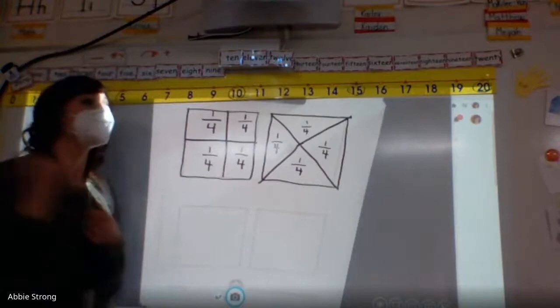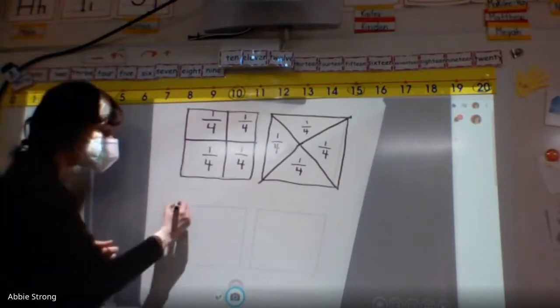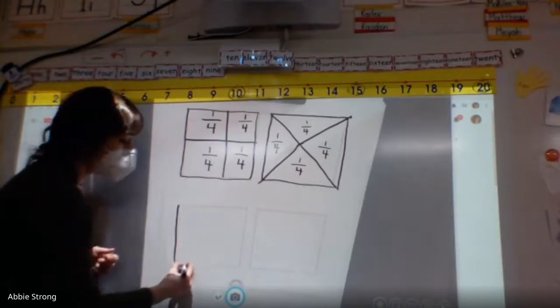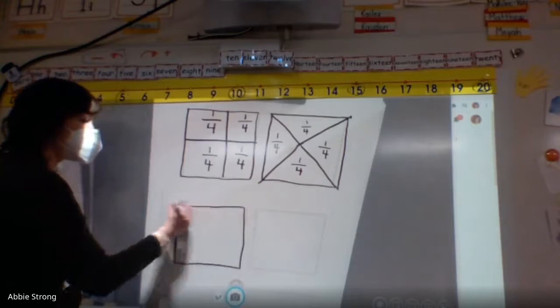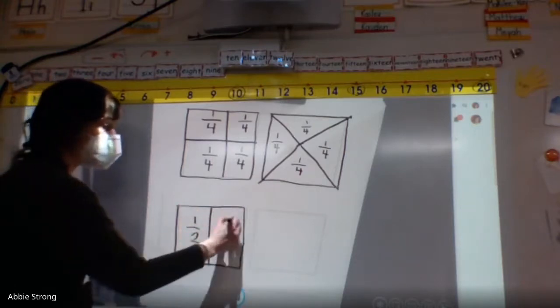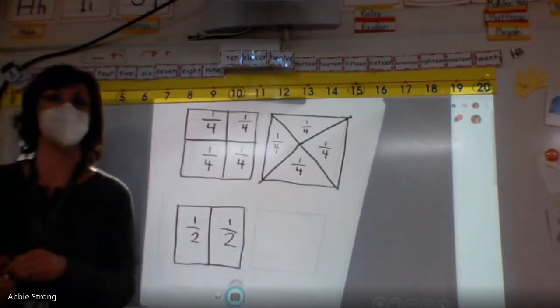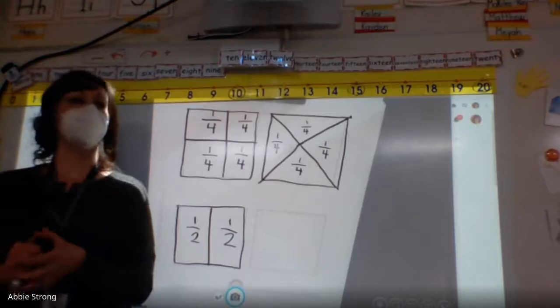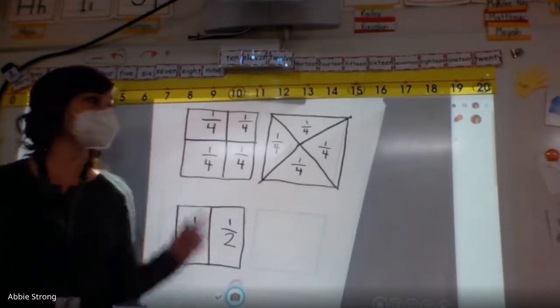Now, perfect. I'm going to do this on my paper, and I just want you to see what you think of this. You don't have to write anything. I just want you to look. Okay? Pretend that I have 2 brownies and I cut them.